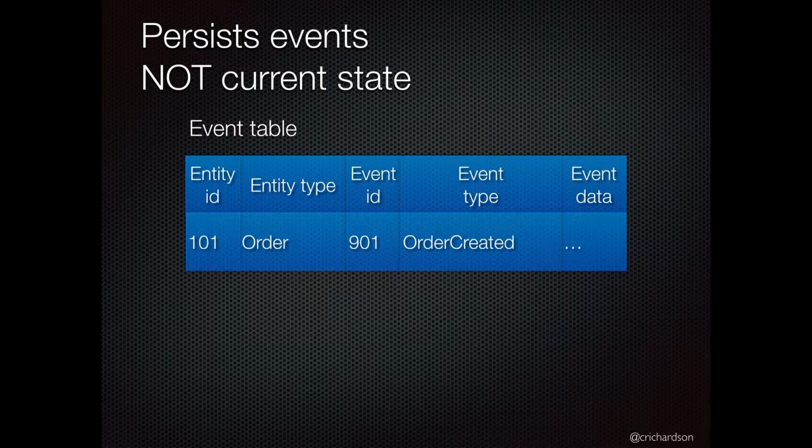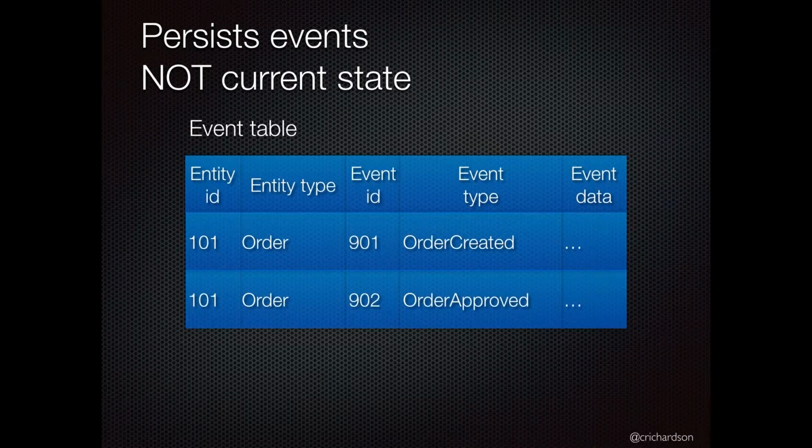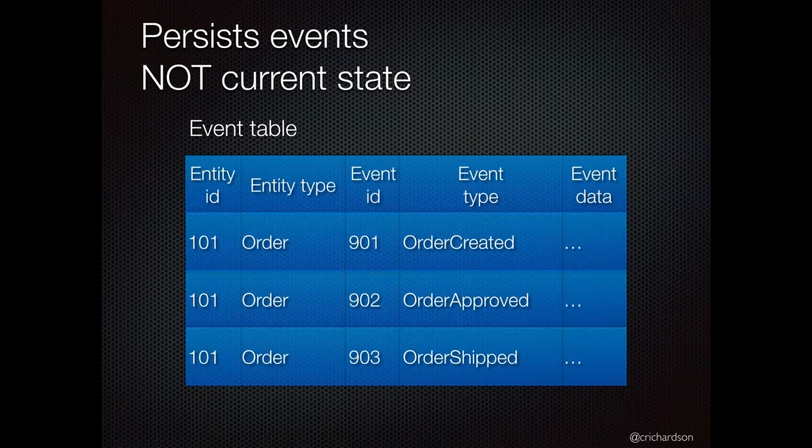Later on, when the order gets approved, because the credit check succeeded, we have an order approved event. And then maybe right after that, or sometime later, we have the order shipped event. Maybe there's like a customer billed event, something like that. So we actually store a sequence of state-changing events for every business entity or aggregate in our system.